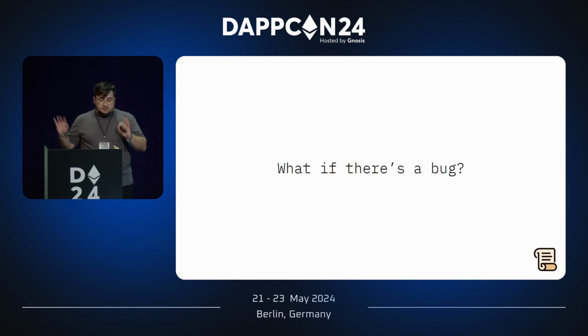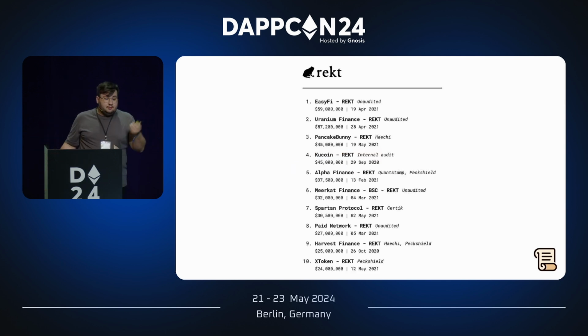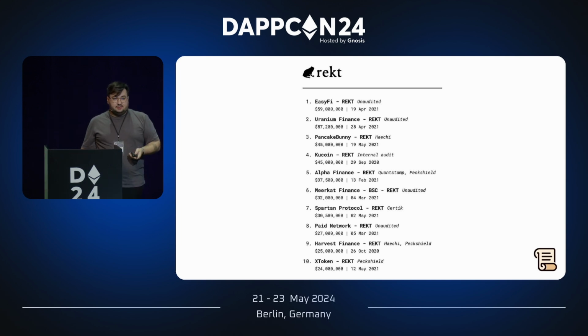And so you build a rollup, it's super good, it's super fast, the proving is super cheap. But what if there's a bug? Like, you don't want to be on this board, and this is incomplete. A lot of the projects, Wormhole and stuff, are not on here that had hundreds of millions stolen from it.